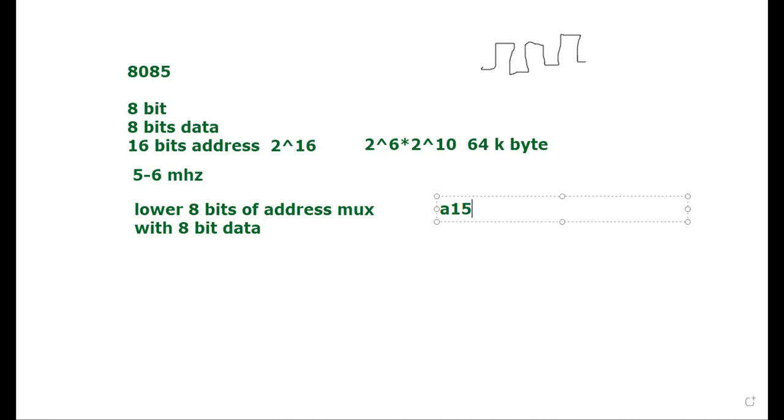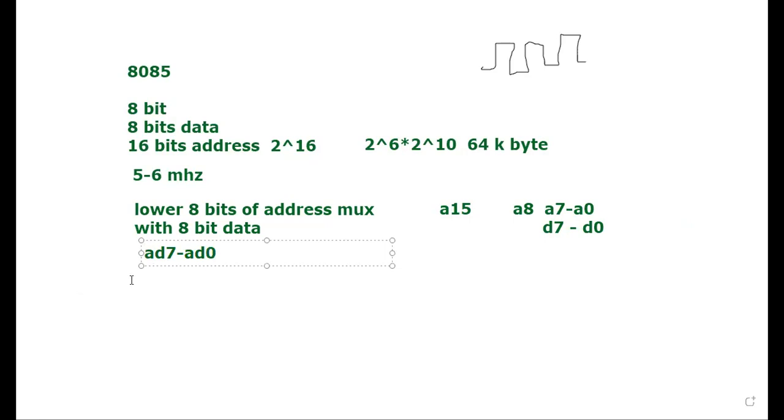So A15 to A0 are your 16 address lines. ह्यातले lower 8 bit कुठले असणार आहेत? A0 to A7 will be the lower 8 bits and A8 to A15 will be the higher 8 bits. These lower 8 bit addresses are multiplexed with the data, D7 to D0, so the multiplexed address and data are denoted by AD7 to AD0.